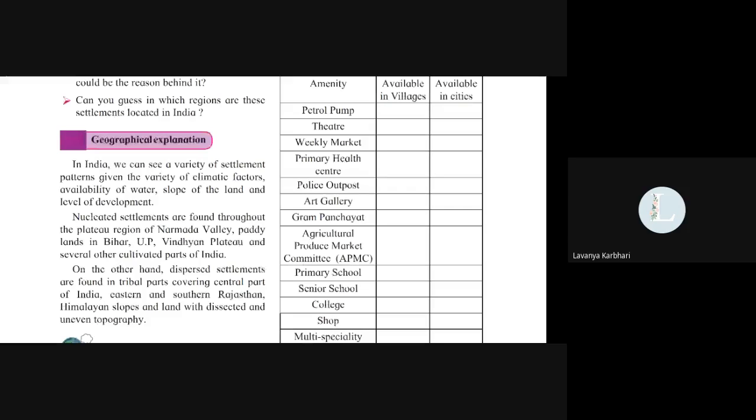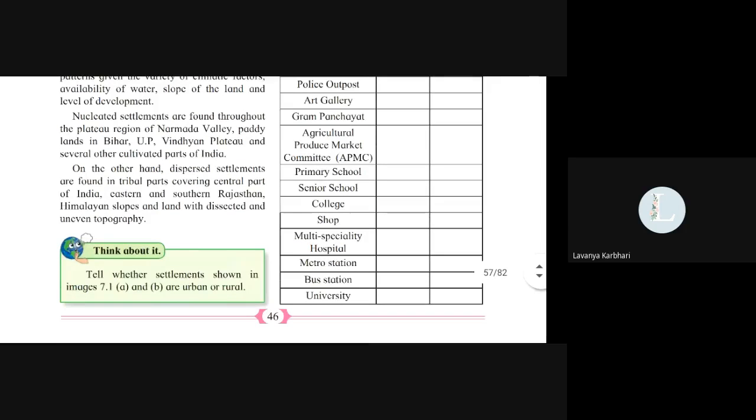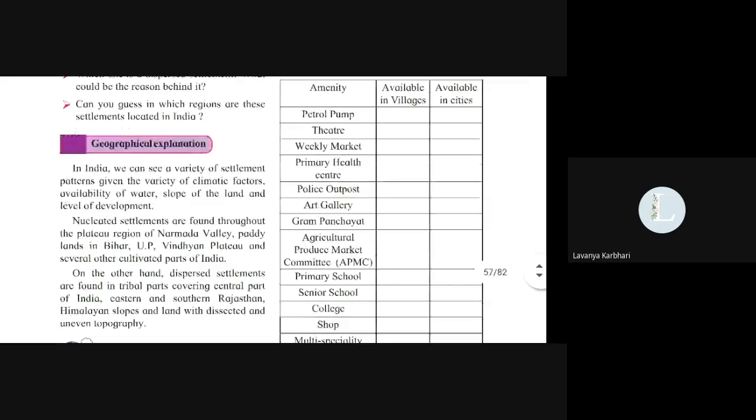Agriculture Produce Market Committee, APMC, okay. So APMCs are in the cities only, not in the village generally. Primary school available in both, senior school maybe in cities only. College, shop, okay, you can do it on your own. Okay, you can easily understand.